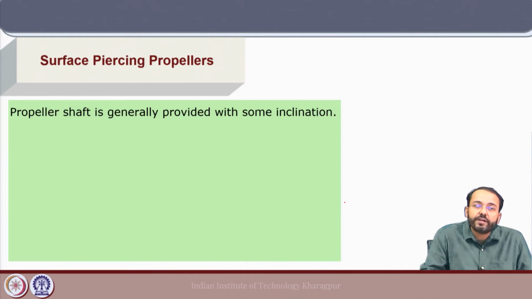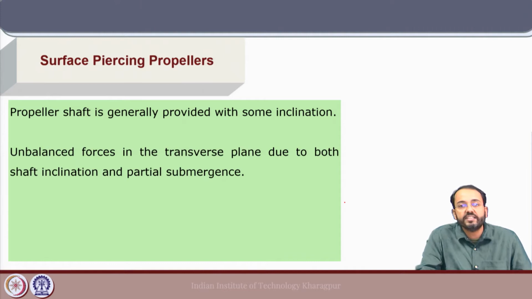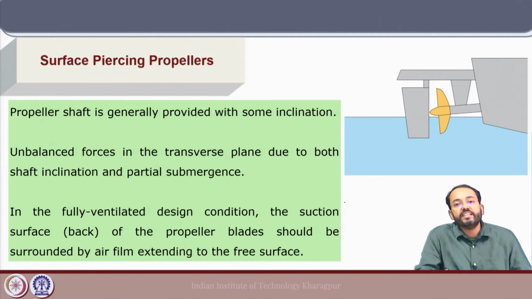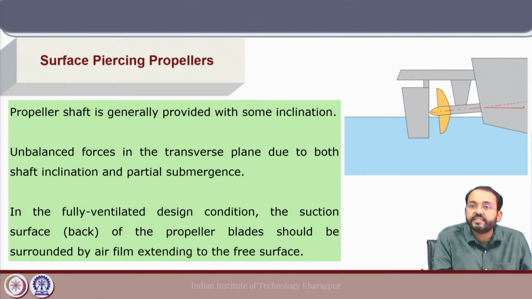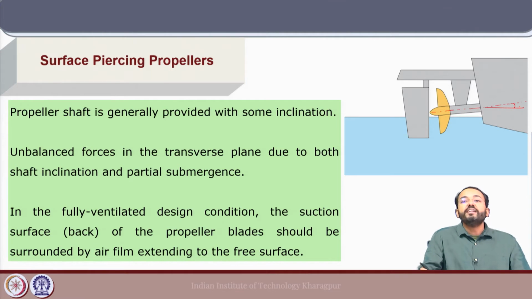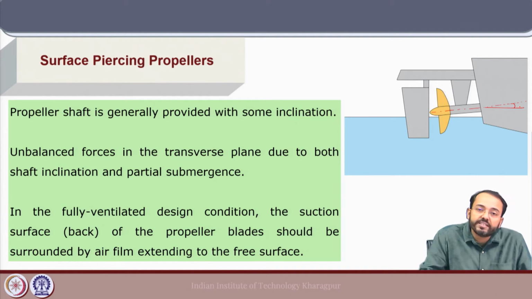For surface piercing propellers, in order to achieve the propeller immersion during different operation conditions for a high speed craft, normally a shaft inclination is provided in the design, which means if this is the propeller shaft here and we draw the center line, and this is the horizontal line, there will be a small angle by which the shaft is inclined, and due to this shaft inclination there will be additional transverse forces in the propeller plane for surface piercing propellers.